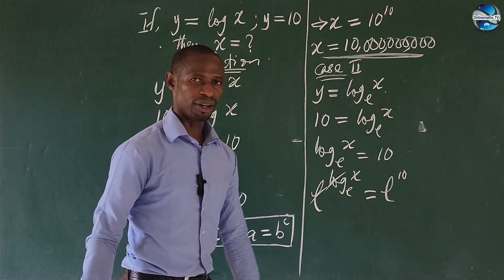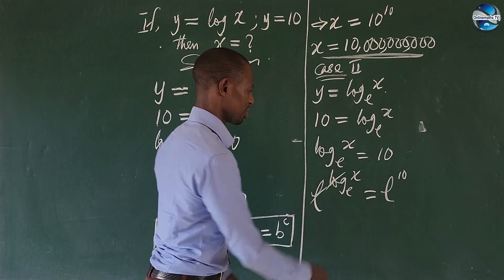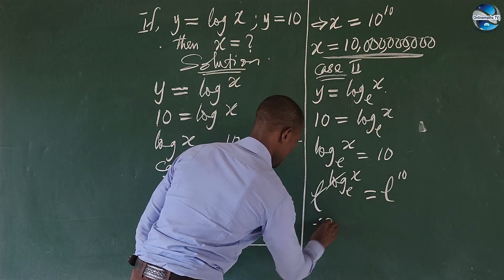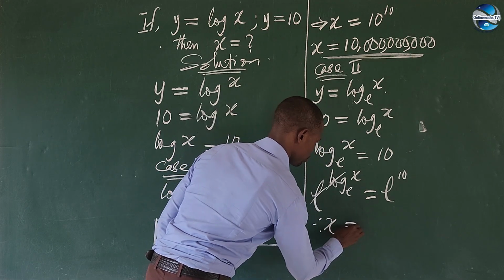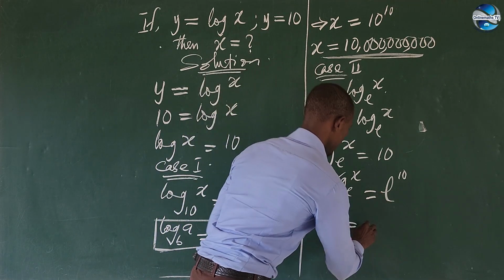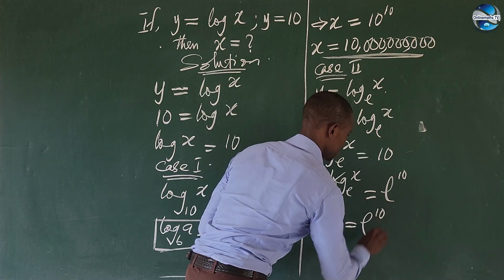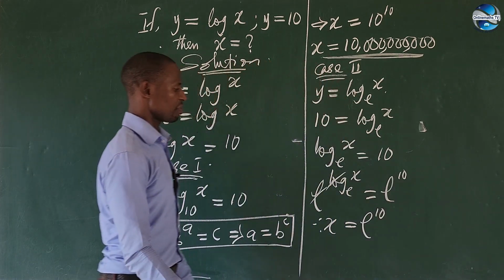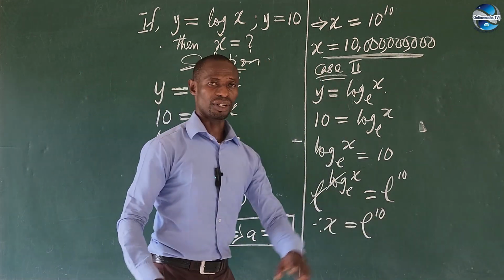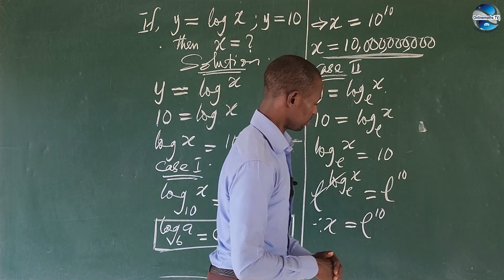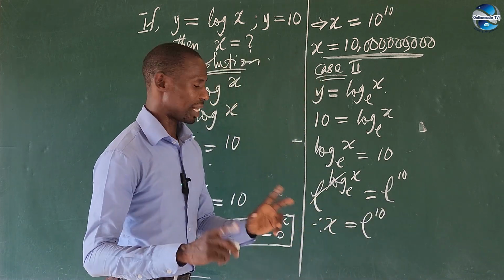Now this is to base e, and here we have our e. The strong law of logarithm says that this will cancel out this, so we are left with x. So we now have x equal to e to the power of 10. So what is e to the power of 10? If you input this into your calculator, this will give you 22,026.